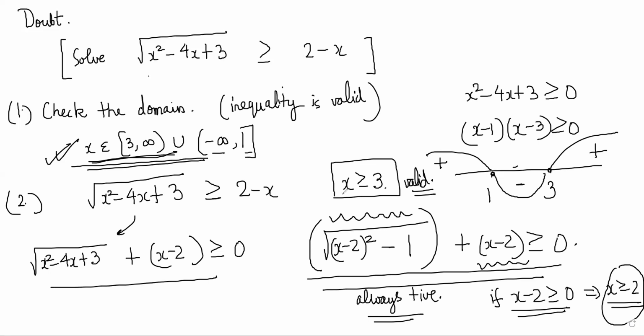Because if x is greater than or equal to 3, it satisfies the condition that x is greater than or equal to 2, and it is also part of the domain of the function, correct? So what we are saying here is if x is greater than or equal to 3, my whole inequality will be satisfied.